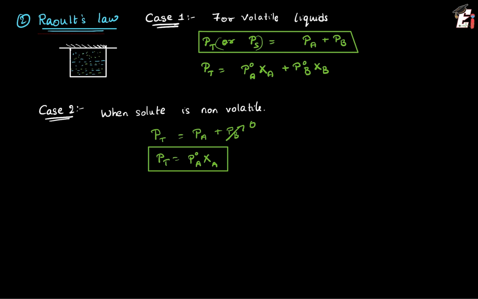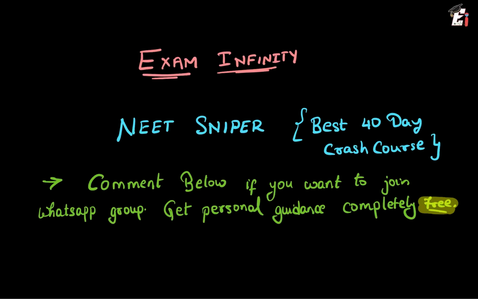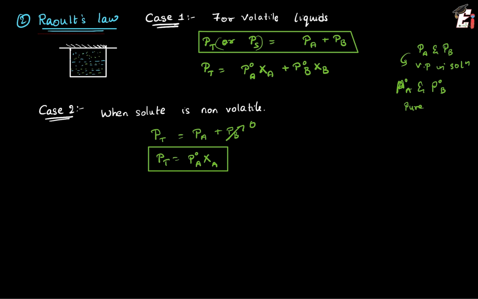See, this means vapor pressure. PA and PB are vapor pressure in solution, and P naught A and P naught B is vapor pressure of pure substance basically.